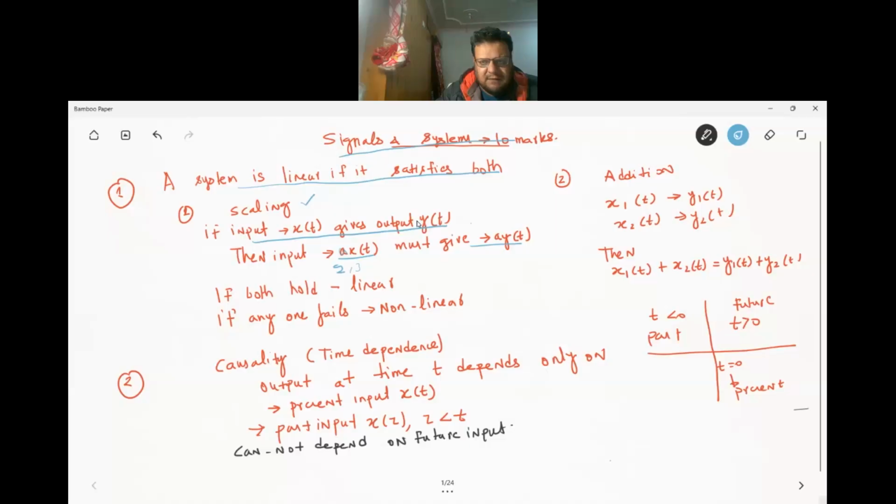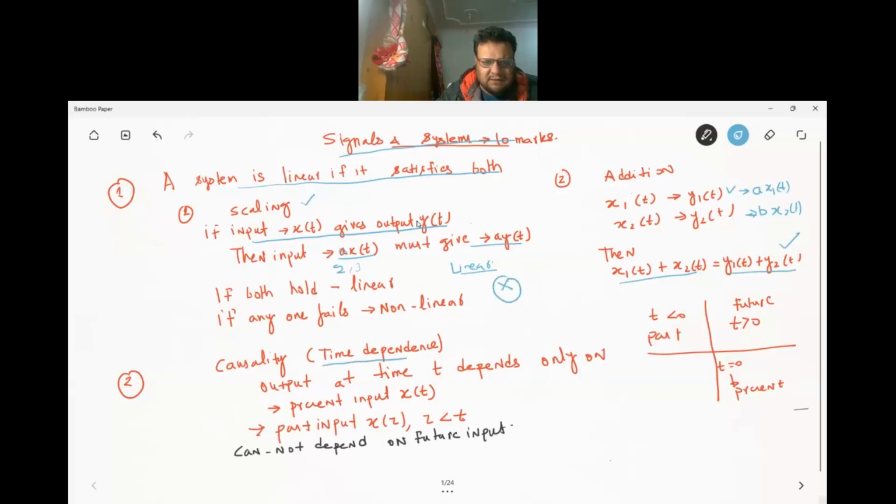And say y1 of t is equal to a x1 of t, and y2 of t is equal to b x2 of t, where b is any constant number. Their addition, x1 of t plus x2 of t, should give you y1 of t plus y2 of t. Then we say that this is a linear system. And if any one condition fails, then we say this is non-linear.